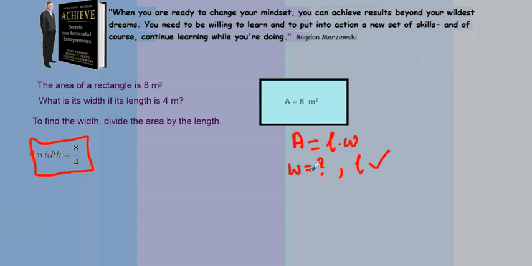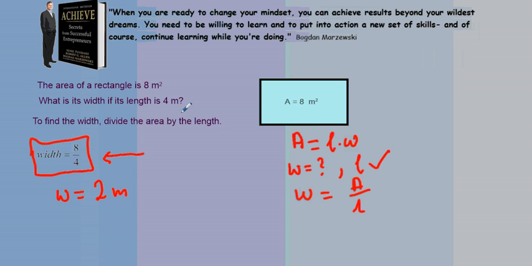So if you rearrange the formula and you want to express W in terms of A and L, it makes sense to say that the width W is equal to the following ratio, A divided by L. And this is what is taking place right here. So the width is equal to 2 meters.